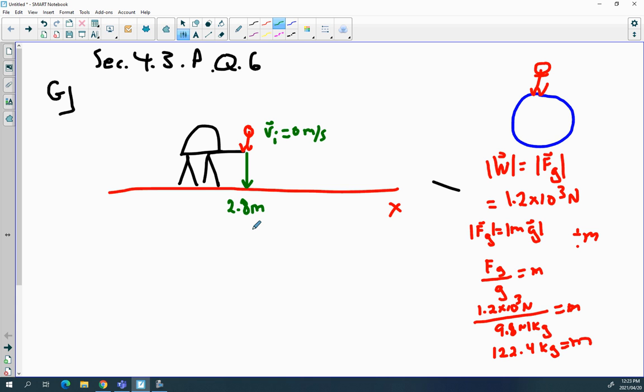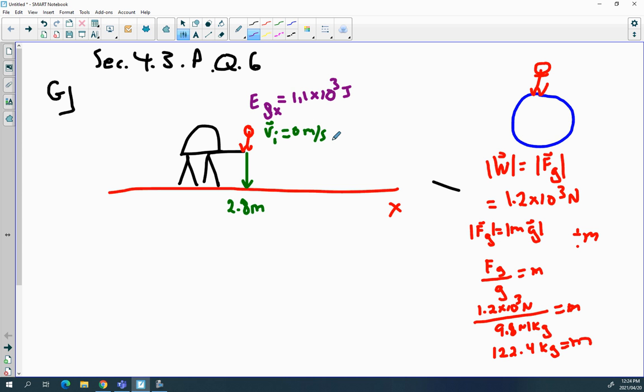And we also know that the astronaut's gravitational potential energy relative to the surface is 1.1 times 10 to the 3 joules. So what they're telling us here is that when the astronaut is right here, the astronaut has a gravitational potential energy because they're on planet X, and it's equal to 1.1 times 10 to the 3 joules.